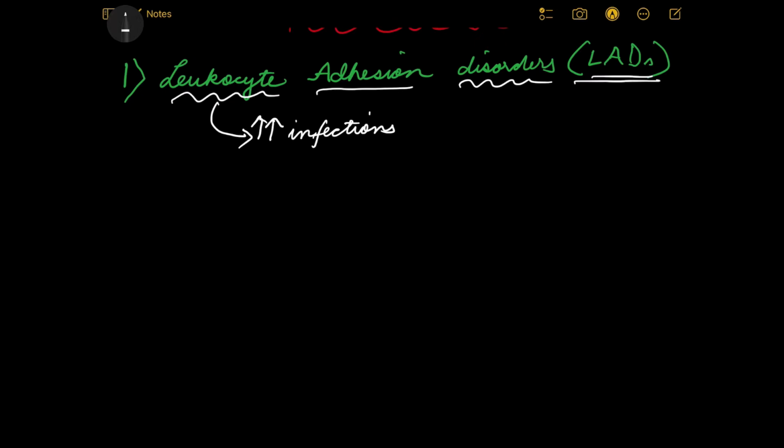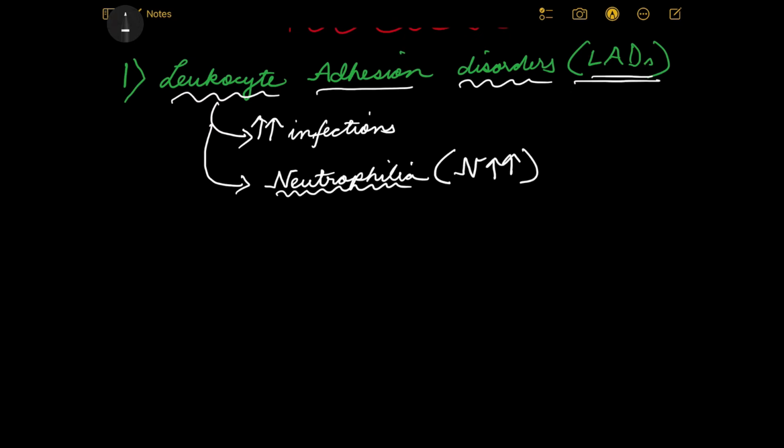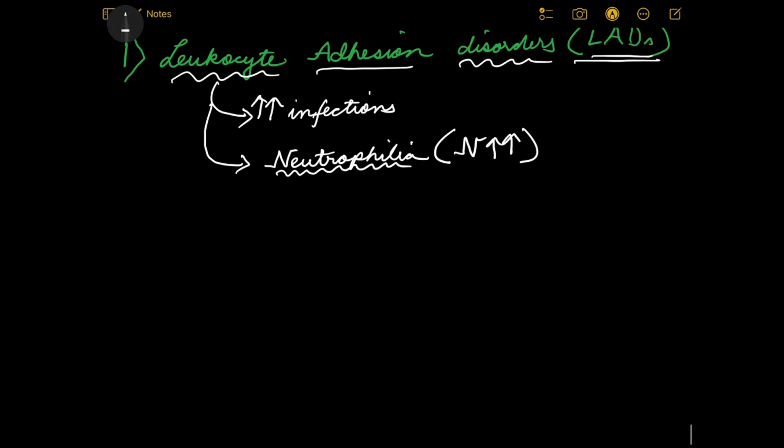Another clinical manifestation is neutrophilia. Neutrophilia means that there are very high numbers of neutrophils in the blood. Now, why is this the case? This is also self-explanatory, but not as obvious as the first point.